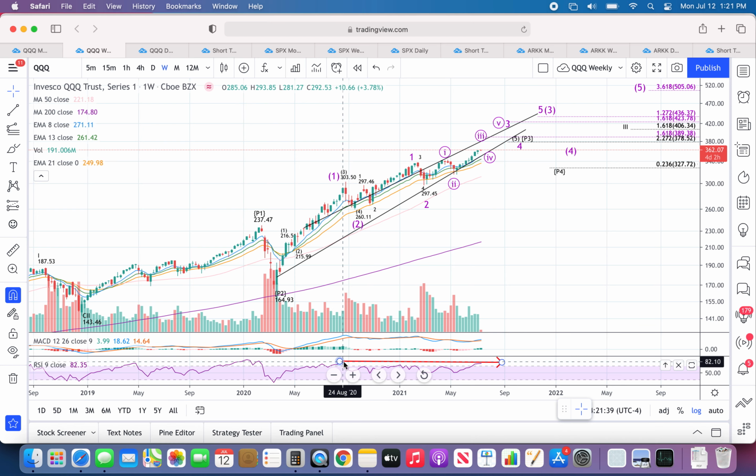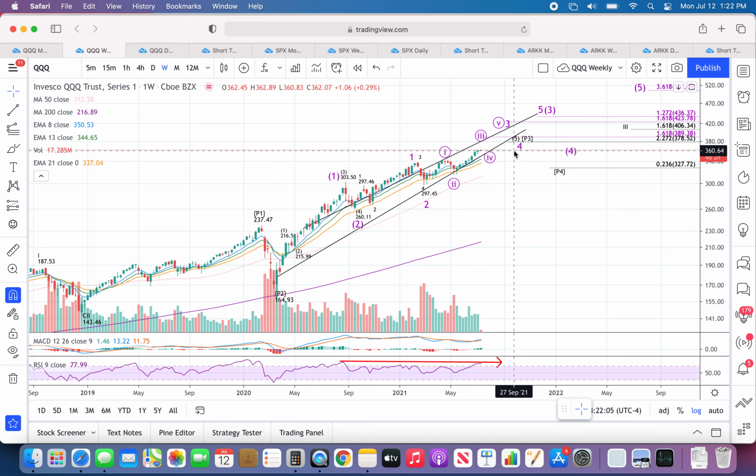So we want to look for divergence within the same degree wave to try to show where that wave might be topping. Okay, so if price continues to move up, but this RSI level right here of just above 82 is not topped, I think the evidence is mounting that we could be looking for a significant primary degree top.